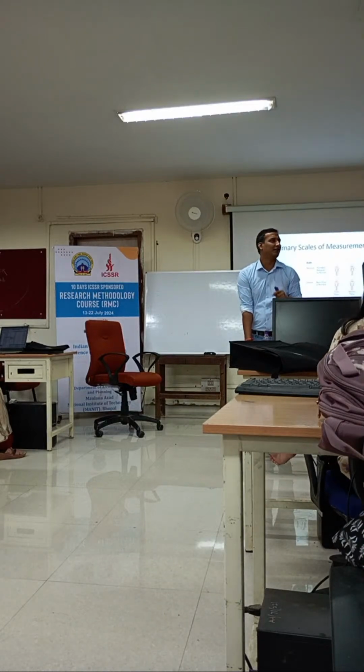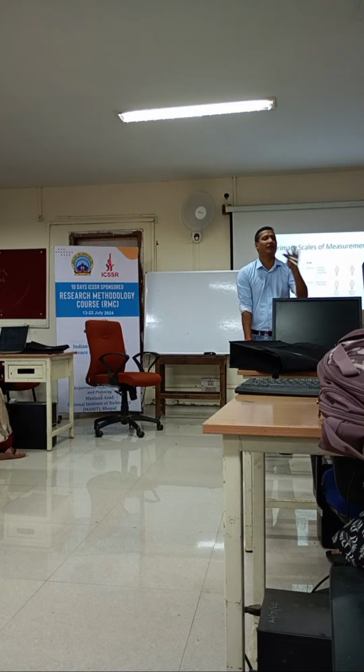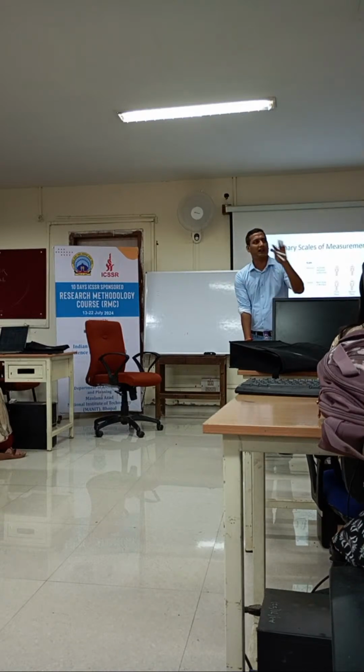Data collection is a very difficult task. So I pay some amount to that particular company, and that company will give me 500, 1,000 or 2,000 responses to my questions.